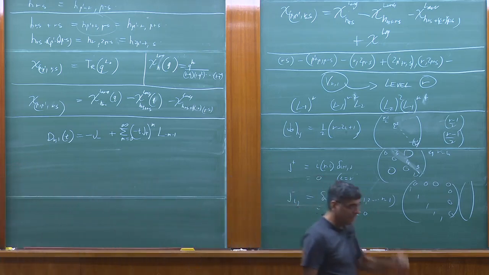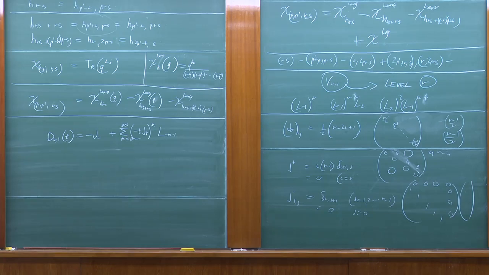So what is this object? It's an object that acts on the tensor product of R columns and states in the representation space. The L's act on states in representation space, and the J plus and J minus act on this R column. So you can think of it as acting on an R column, each entry of the R column being a state in representation space.